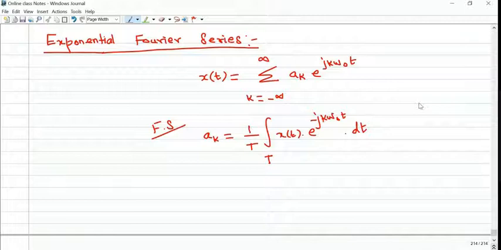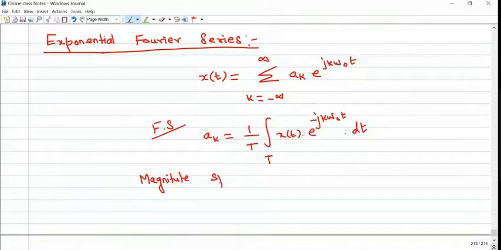Then find the value for ak and substitute it. Then exponential Fourier series, and one more possibility is available: magnitude spectrum and phase spectrum. Draw the magnitude spectrum and phase spectrum.